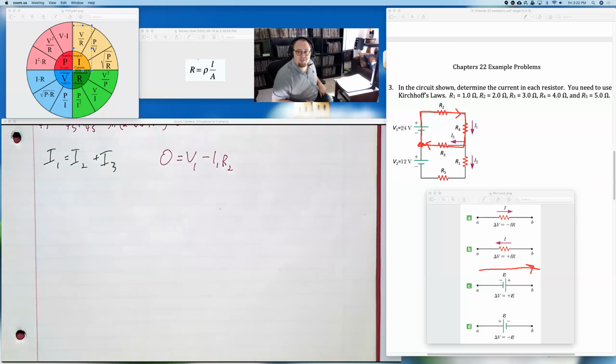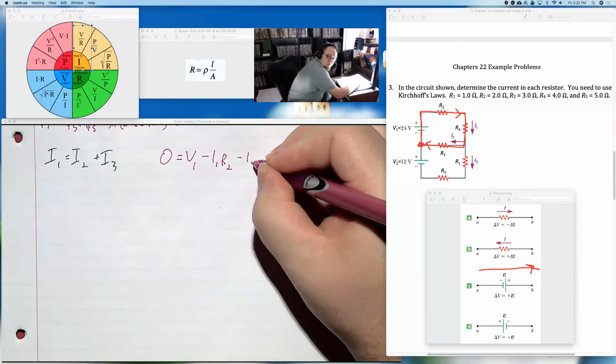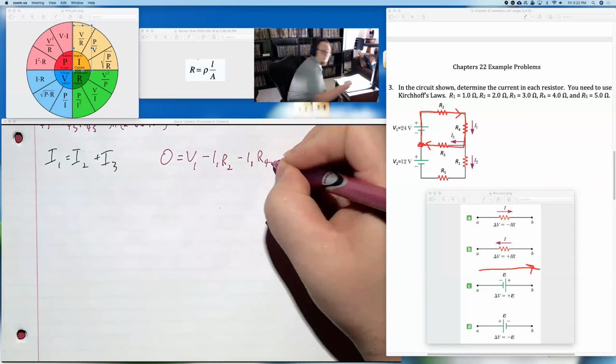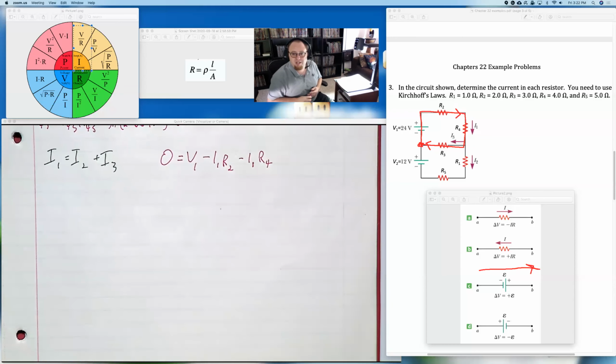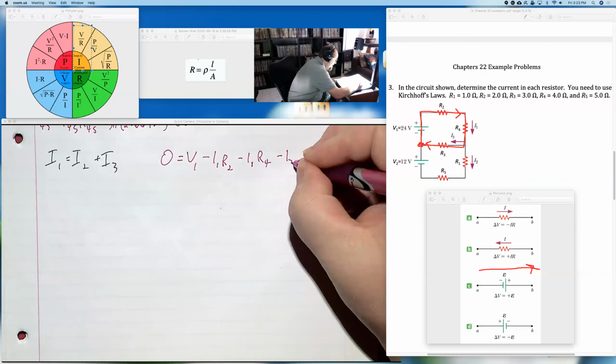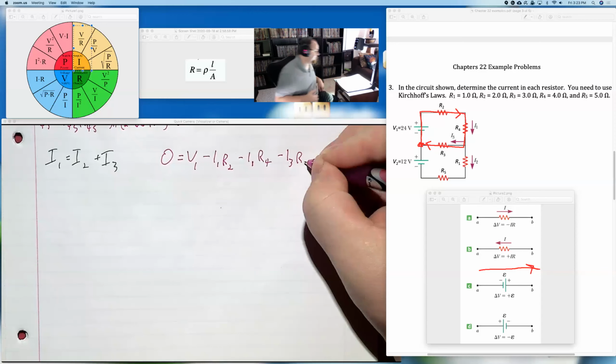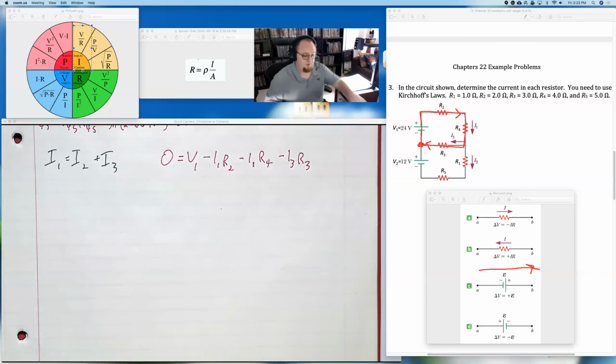I then go through resistor R4, still heading in the same direction as the current, minus I1 R4. I then make the turn and start passing through the current 3 section. Once I do that left-hand turn at the bottom, I'm now in current 3, and I pass over resistor R3, still moving in the same direction as the current, minus I3 R3. And that's that loop.